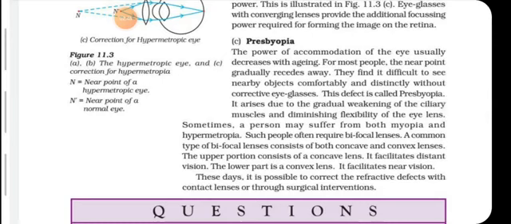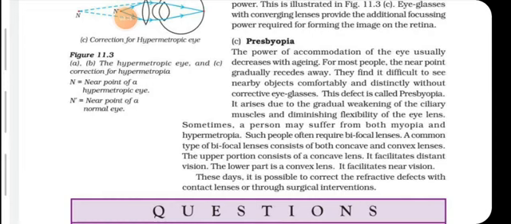The third case was presbyopia. Presbyopia occurs generally due to aging and the decrease in the elasticity of the ciliary muscles, as the ciliary muscles cannot expand or contract the eye lens. See, it is written over here, the power of accommodation of the eye usually decreases with aging, and this defect is known as presbyopia.